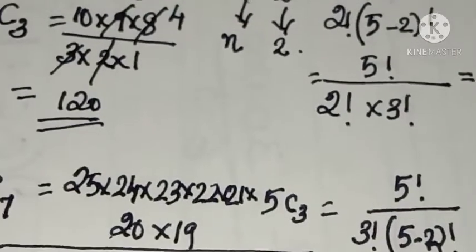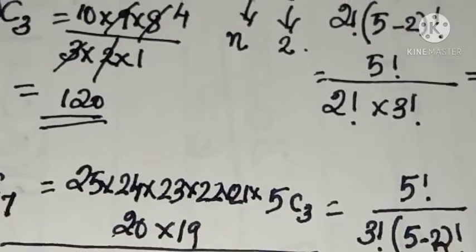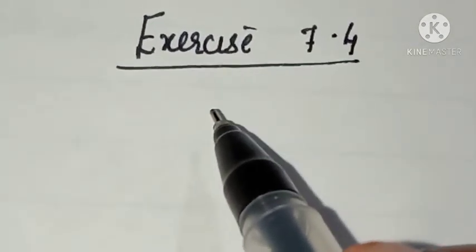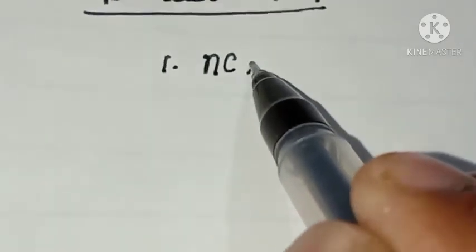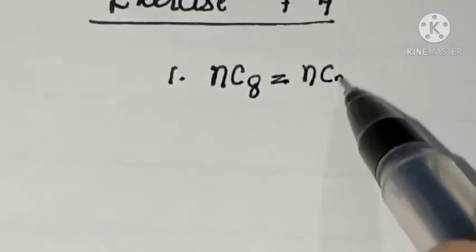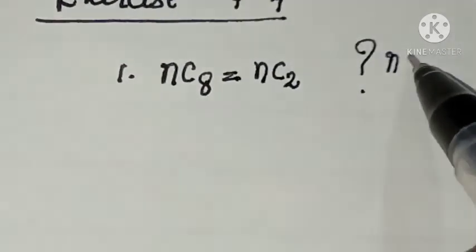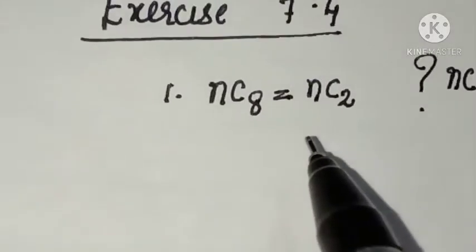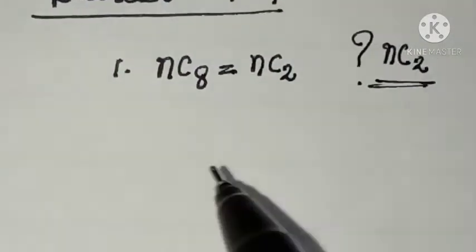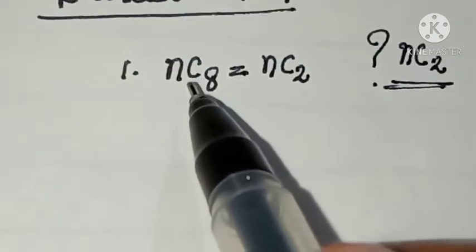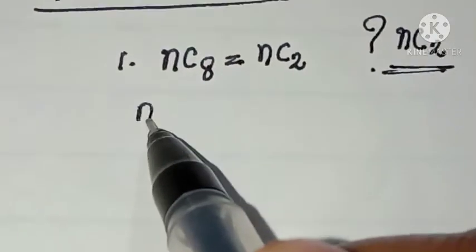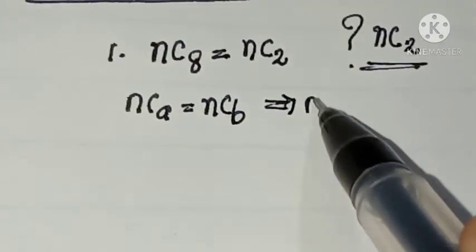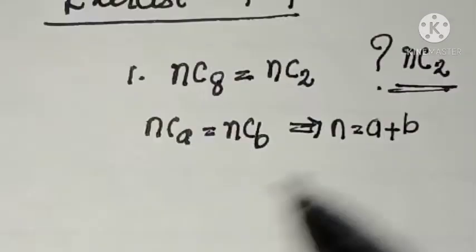Let's see some exercise questions. Let's see exercise 7.4, first question. nC8 is equal to nC2, then find nC2. See the result: nCa is equal to nCb implies n equal to a plus b, isn't it?